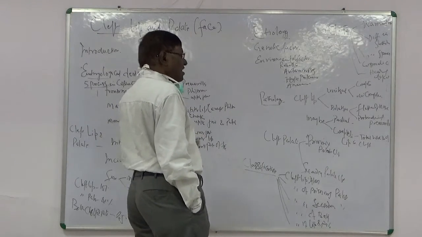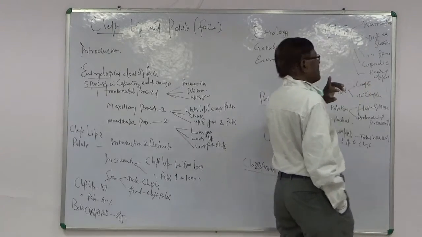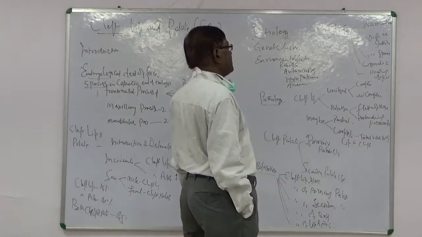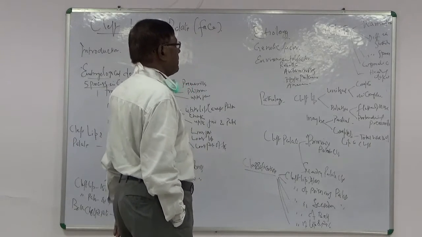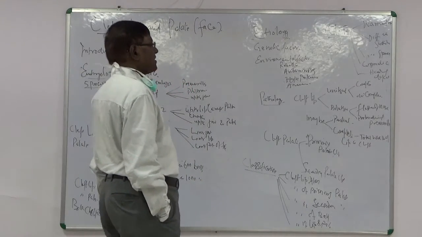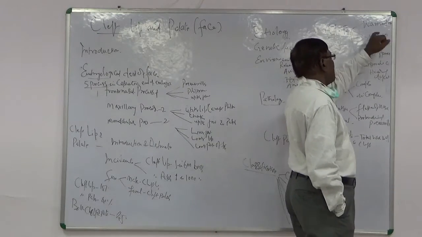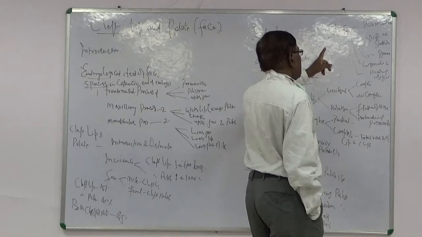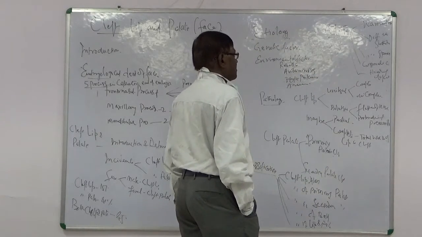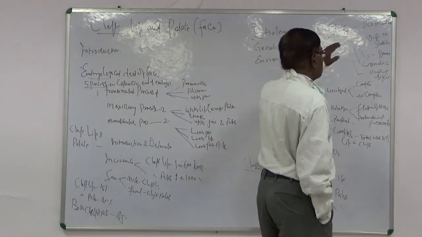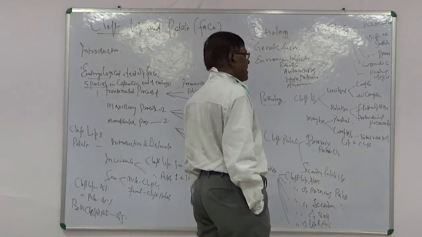But if there is another congenital anomaly associated with the cleft lip, then you can terminate the pregnancy and save the mother from giving birth to a congenitally anomalous baby. So if only cleft lip is there, you advise the parents to continue the pregnancy. But when it is associated with other congenital anomalies, it is better to advise terminating the pregnancy.